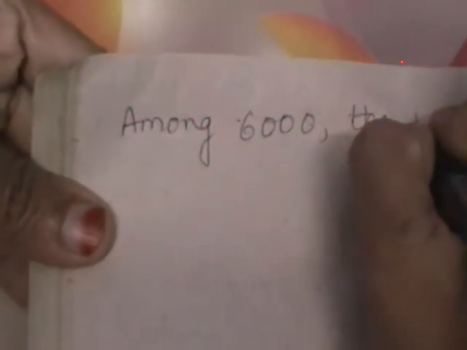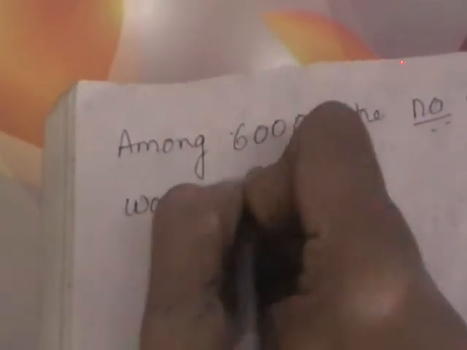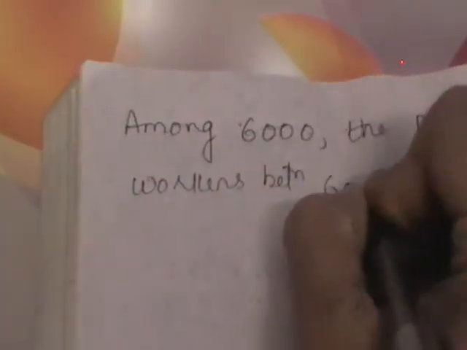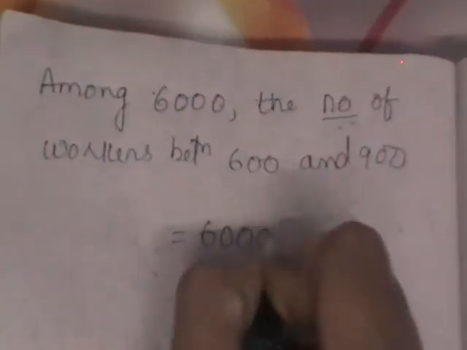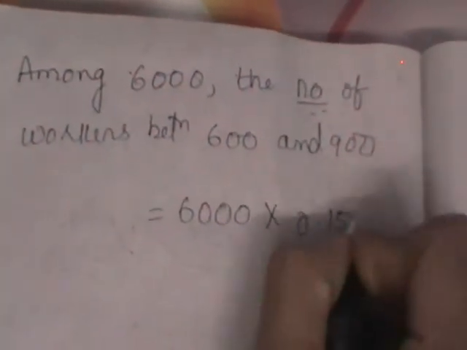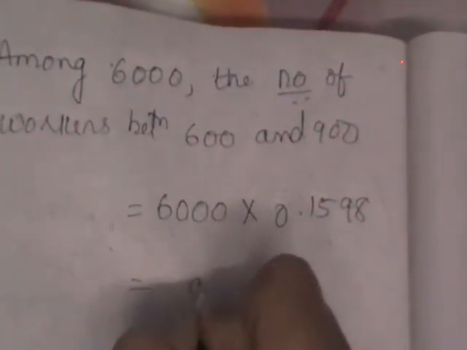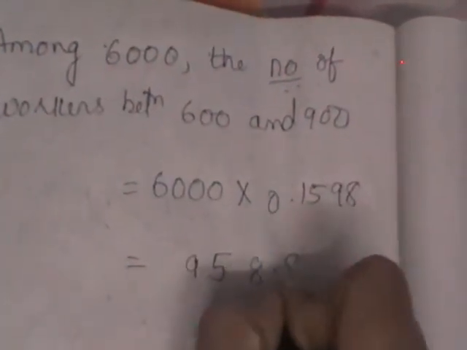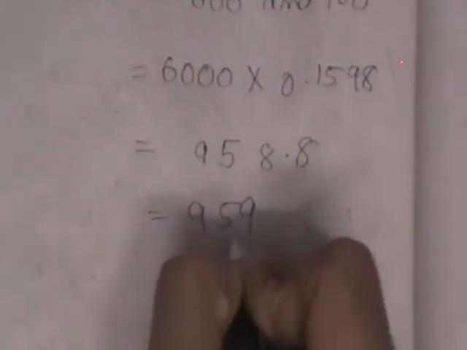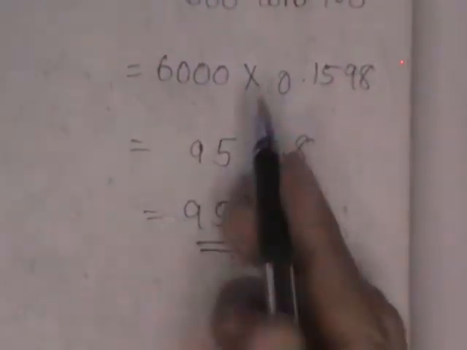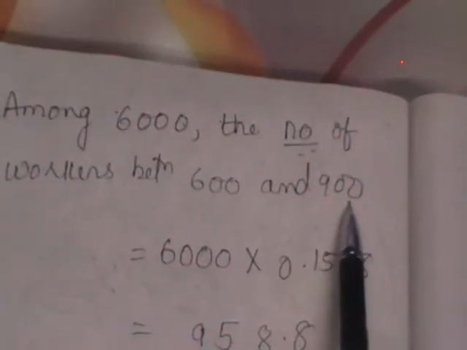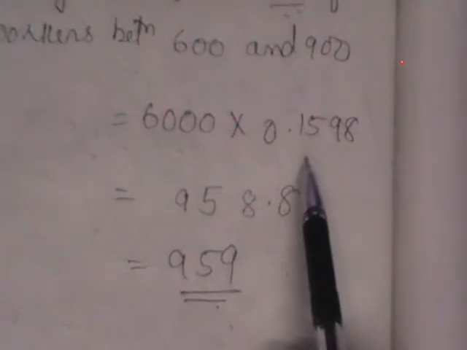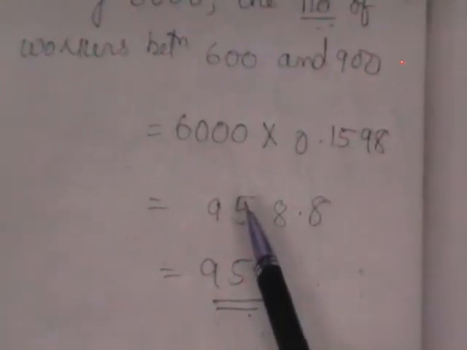To find the number of workers between 600 and 900, you multiply the total number of workers by the obtained probability, which is around 958.8, approximately 959. This means there are 959 workers whose salaries are between 600 and 900. So to find the number of workers, first you calculate the probability as usual, then you multiply that with the total workers. Okay, thank you.